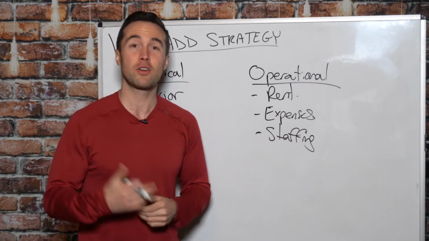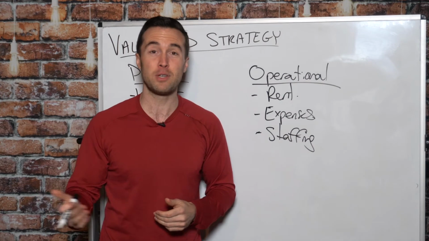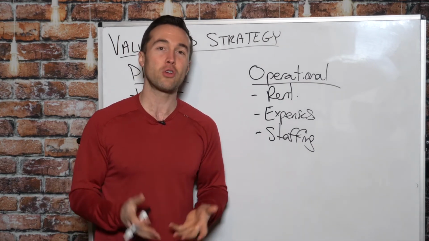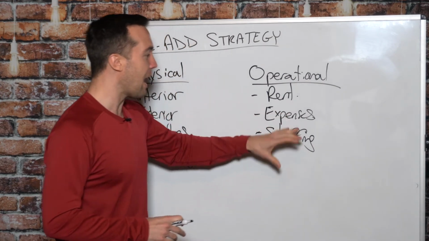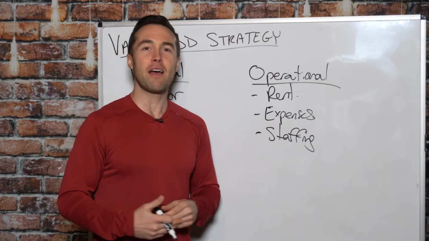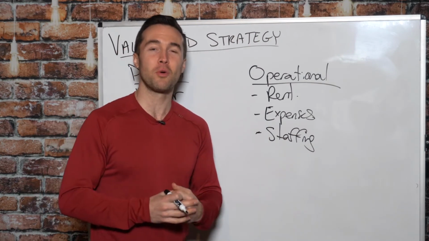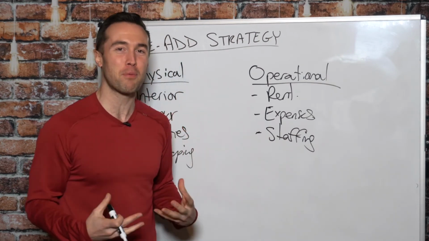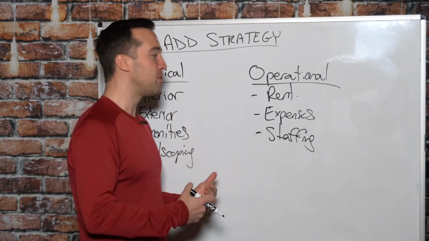If you can increase your conversion ratio even a couple percentage points, that is dollars in your pocket. So staffing, huge. Same with maintenance staff. You want people to be on the ball so little problems don't turn into big problems, and all this stuff relates back to your bottom line.